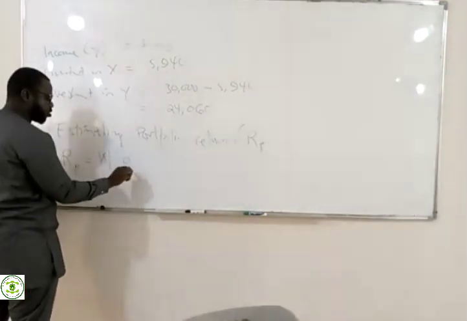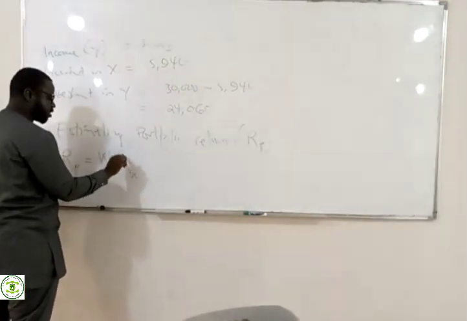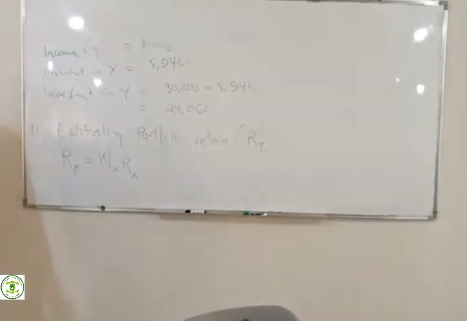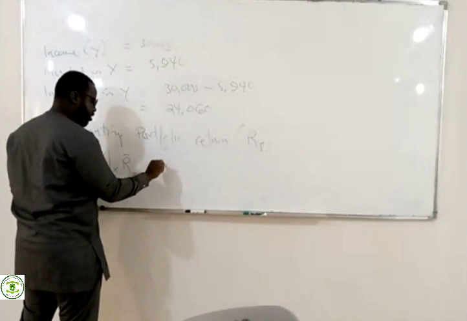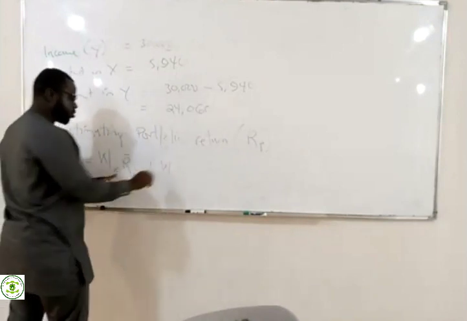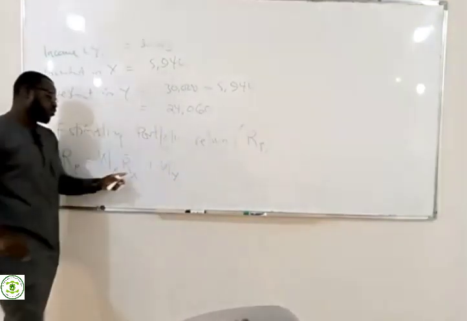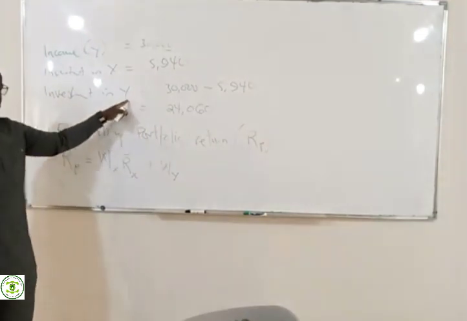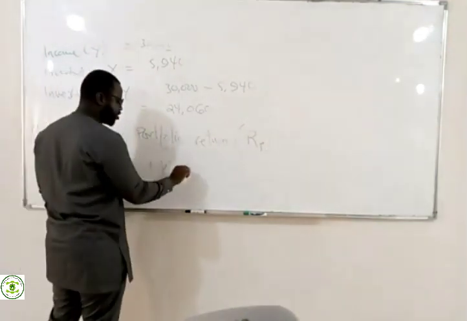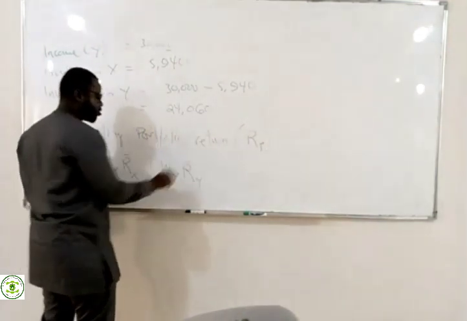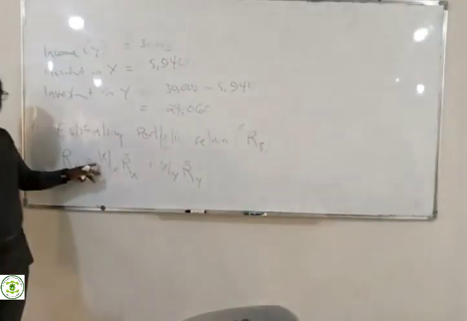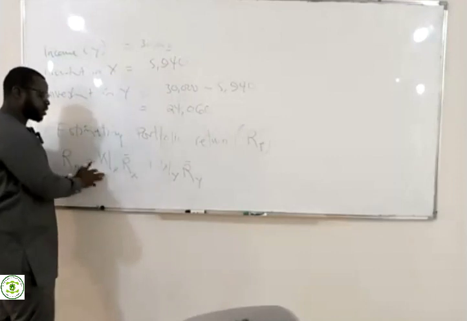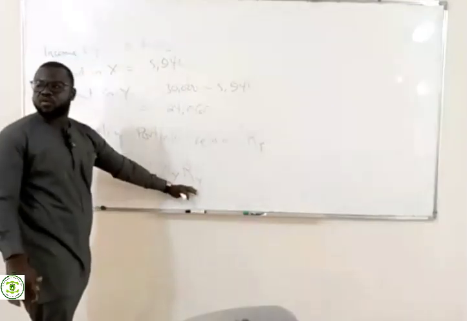Times the return on X. That's the mean return on X. Plus the weight of Y. That's the proportion invested in Y. Is that not it? Times the average return on Y. So in this case, we have the return stemming from X and then the return stemming from Y.